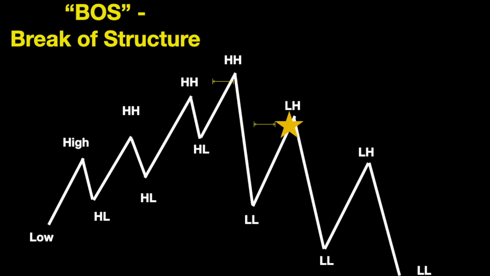It came back up to test an area of support, the support zone, and made a lower high, of course, because it's lower than the previous high. It continued, made a new low, and the structure of the market started to shift.